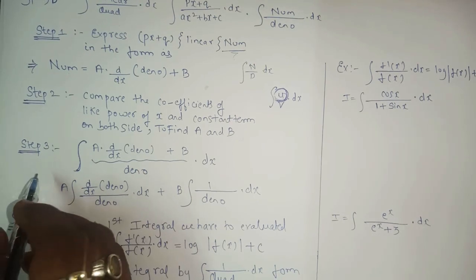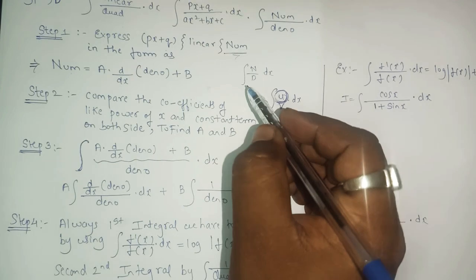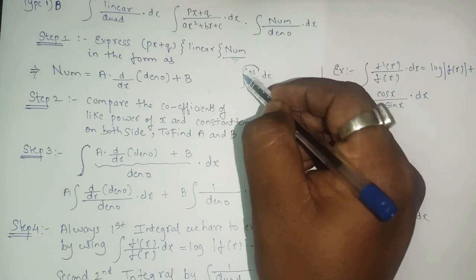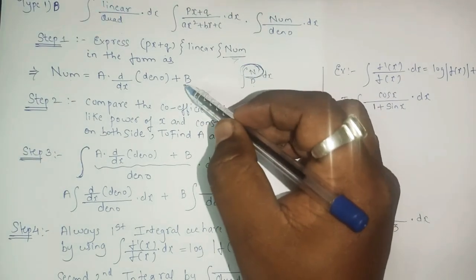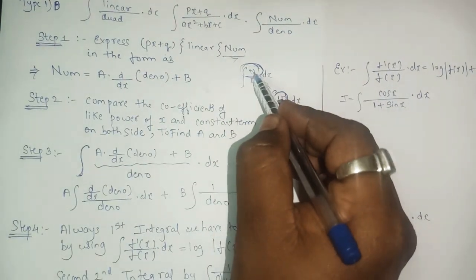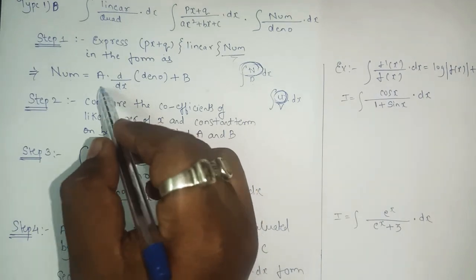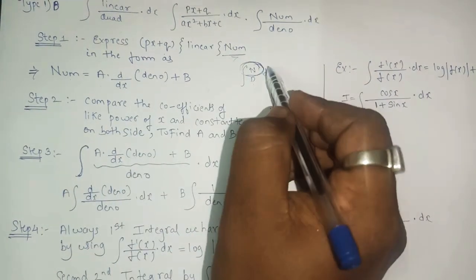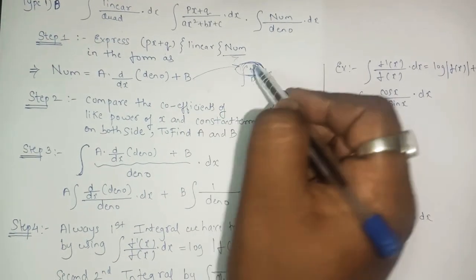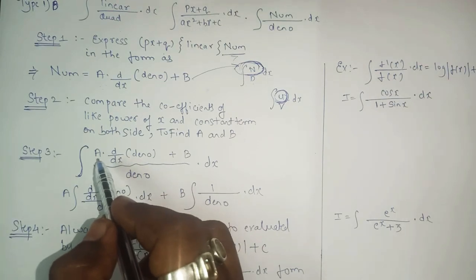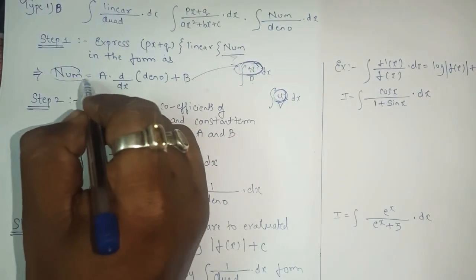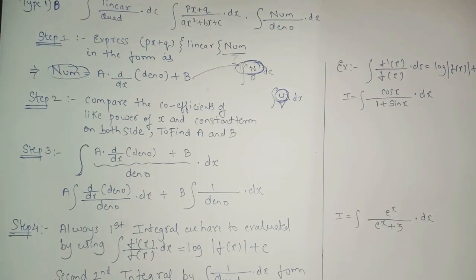Step number 3 is, as I told you, to remember this format: numerator upon denominator. Here we have to break this numerator in this form. After expressing the numerator in this form, you will replace the numerator by a times derivative of denominator plus b.